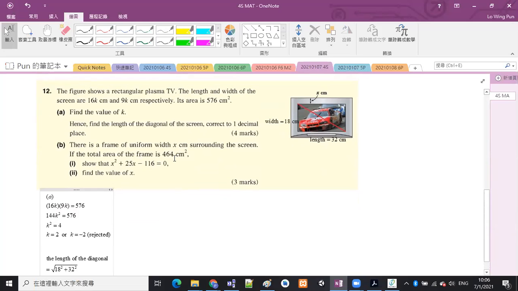Part B, there is a frame of uniform width x cm surrounding the screen. Okay, so the TV is in the middle, and outside there is a frame surrounding the screen.